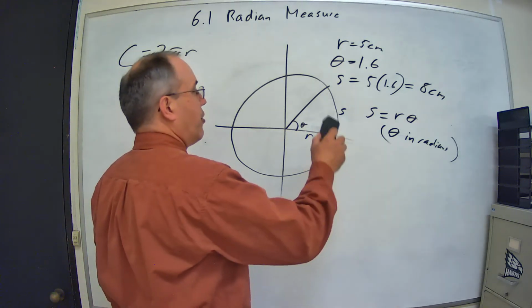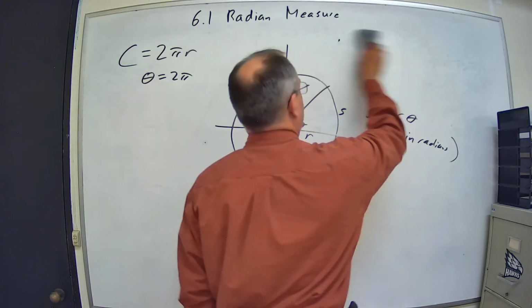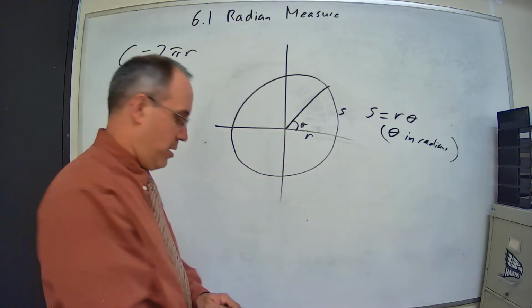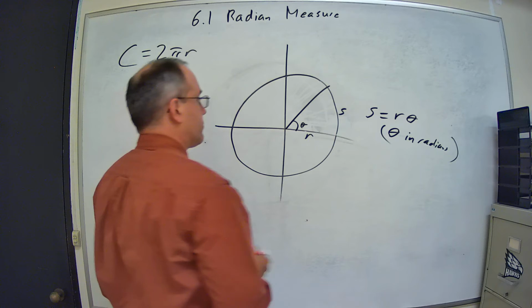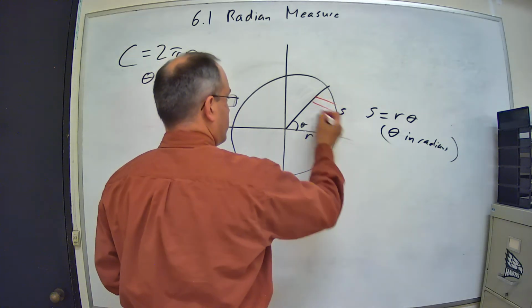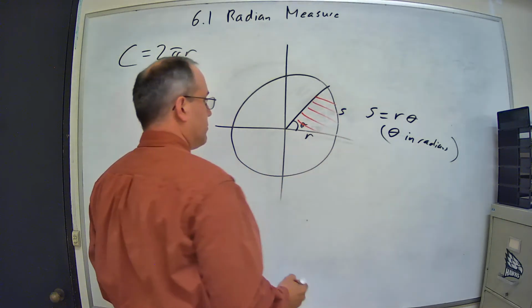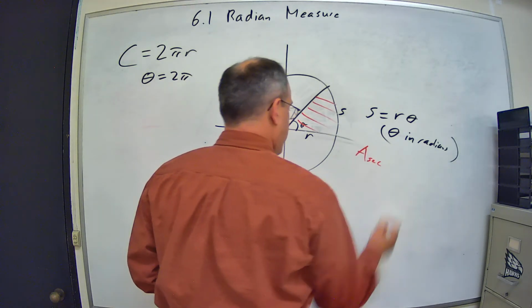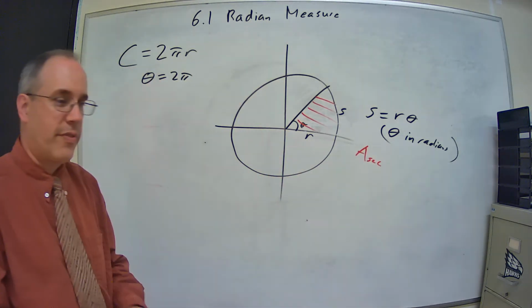Another thing that we can do, I'm going to get rid of this part, is we can find the area of this sector. So I'm going to put that as a sector. Okay?